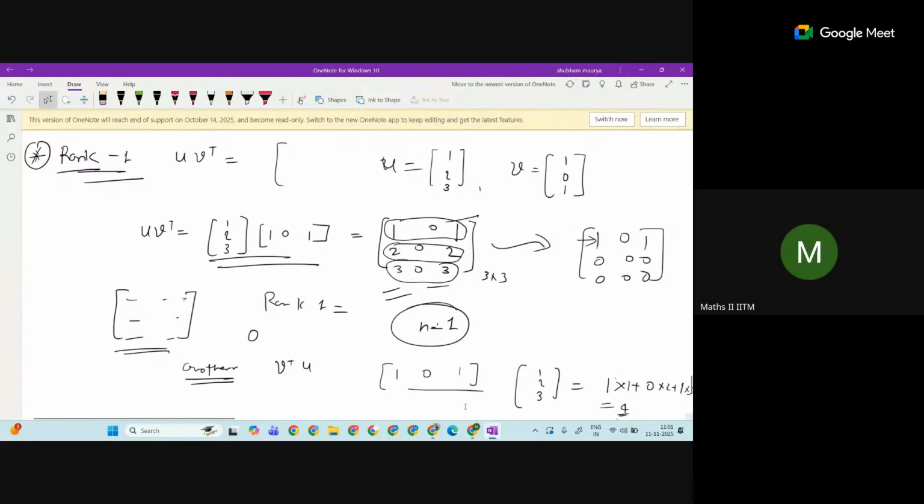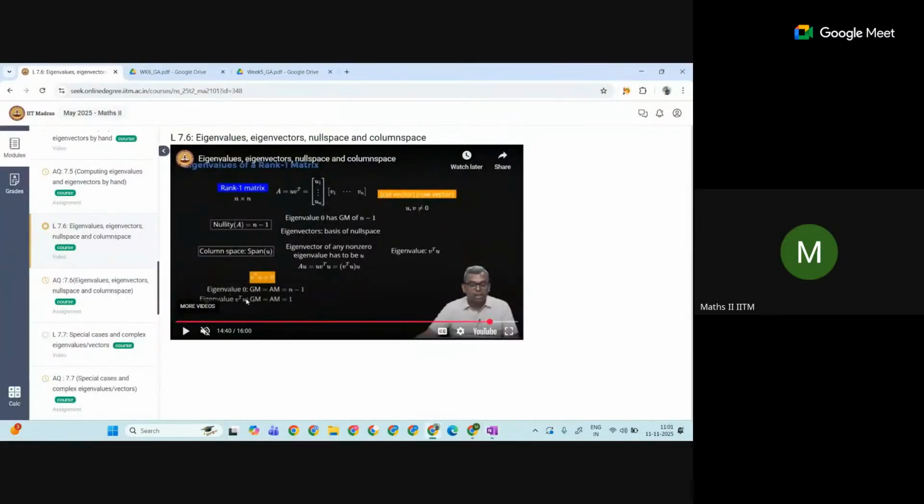The geometric multiplicity and algebraic multiplicity for this eigenvalue are going to be the same, both equal to 1. For the zero eigenvalue, the geometric multiplicity and algebraic multiplicity are both n minus 1.